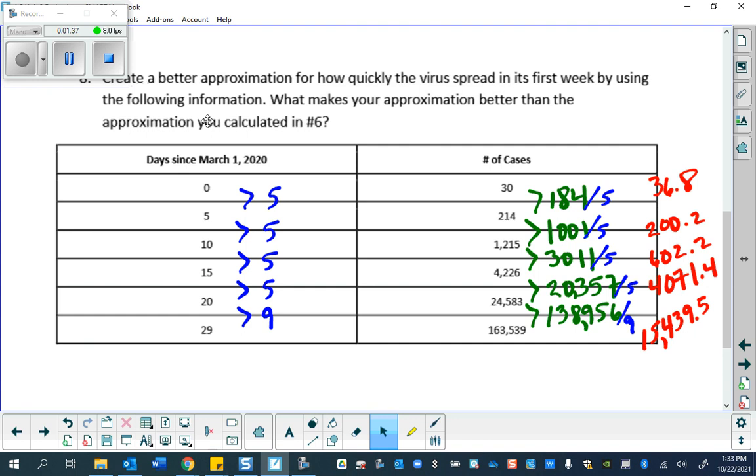When you take each chunk, 5 days at a time, you can see how that average rate of change of growth of the cases dramatically changes.